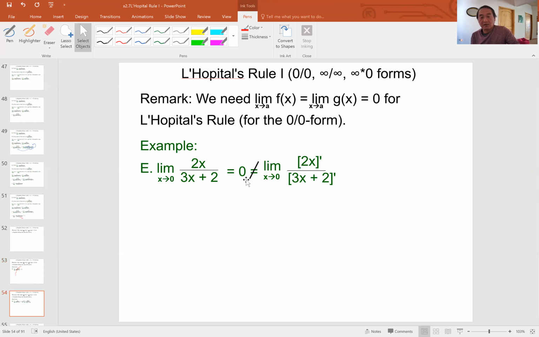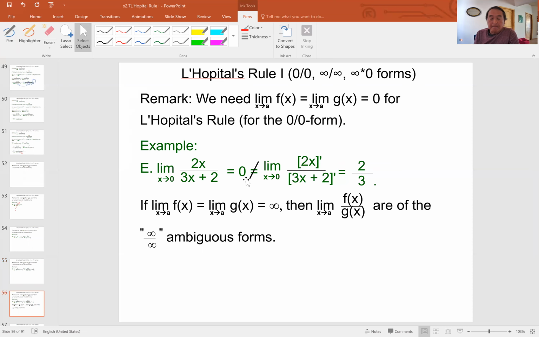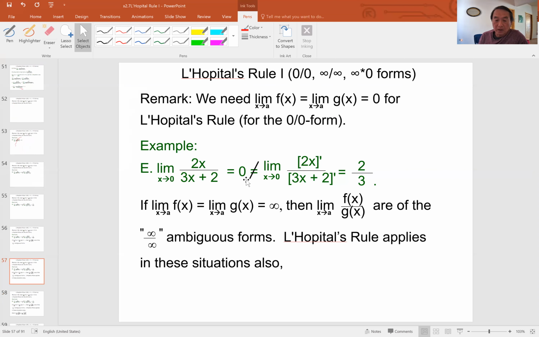And you cannot use L'Hopital's rule because you get wrong answers. Same thing for going to infinity. L'Hopital's rule applies if the numerator and denominator go to infinity, so we use L'Hopital's rule for the infinity over infinity ambiguous form also.